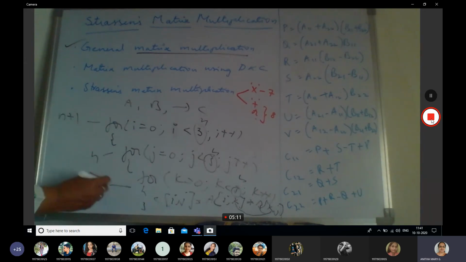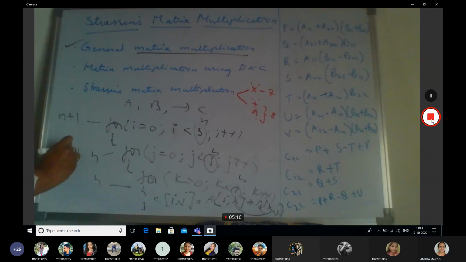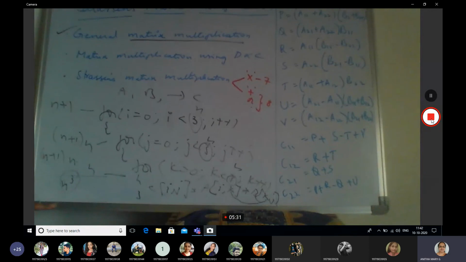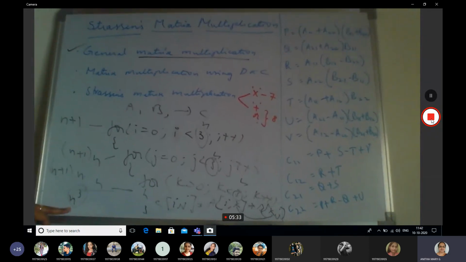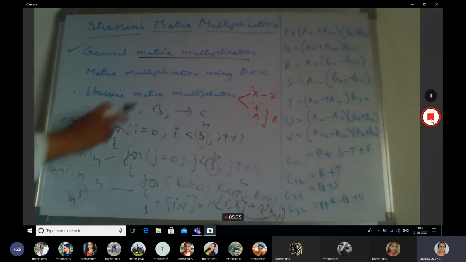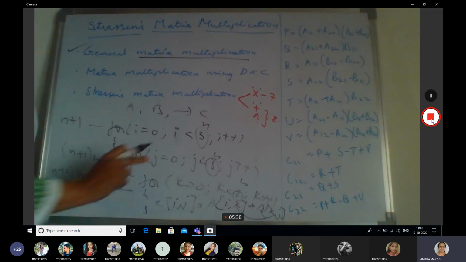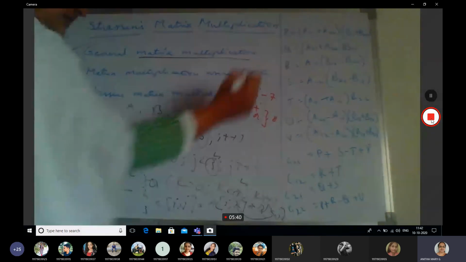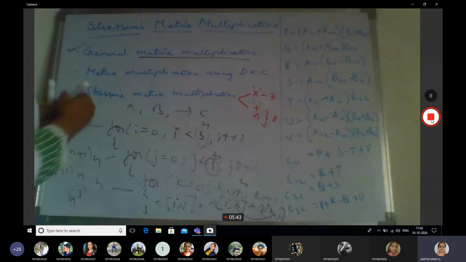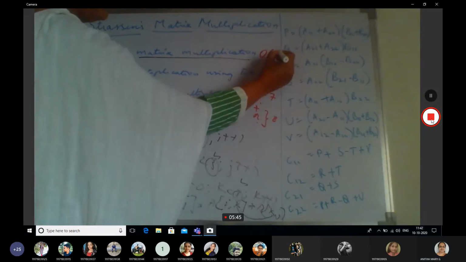And again this is a for loop, so n plus 1 times. So if you take overall the maximum polynomial degree, you will get n cube. Order of n cube you will be getting. So for general matrix multiplication, whatever we do, the time complexity we get is order of n cube.